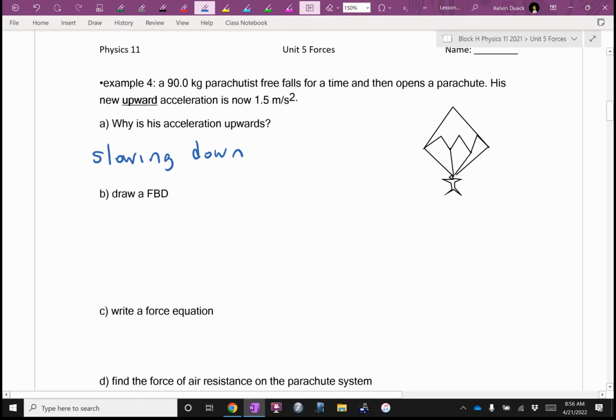All that information. You start to see why Newton's law is very powerful if you start to wrap your brain around how they work. Okay. It says draw a free body diagram. You know what? I'm going to label the parachutist right here. What are the forces acting on the parachutist? Get the obvious one. Everybody. Good. What else?